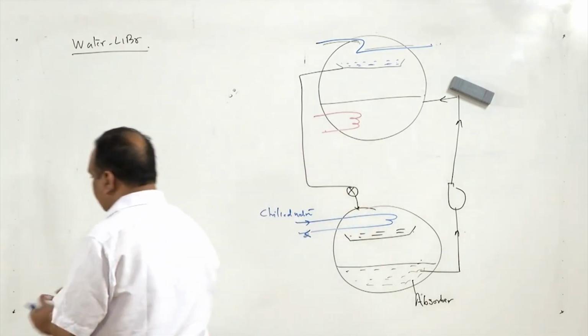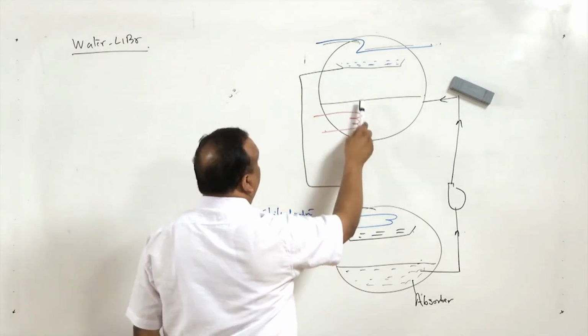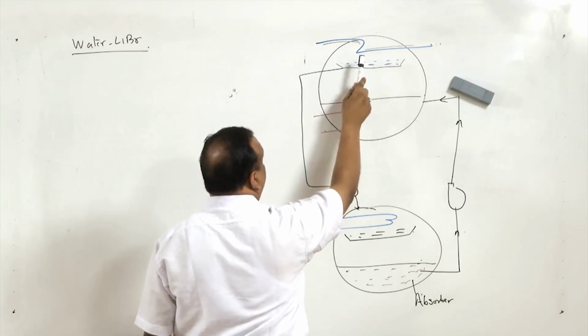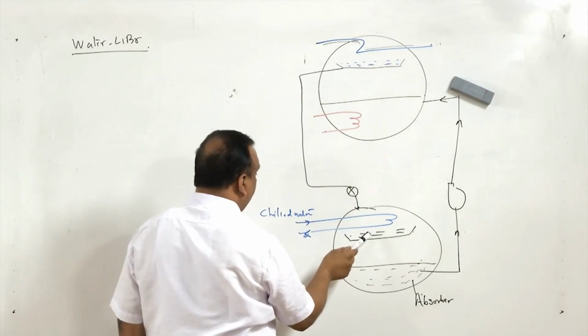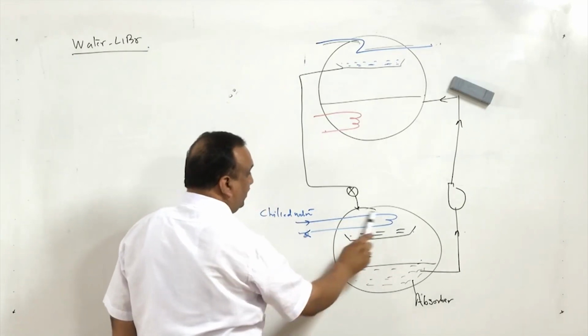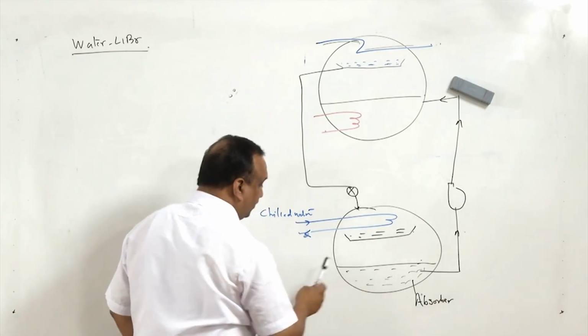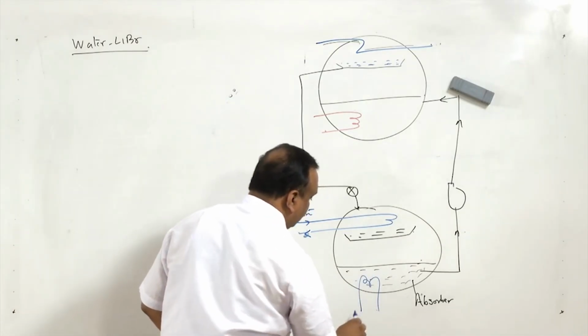and after heating the water vapor is generated, and this vapor gets condensed here in the condenser, and this condensed vapor is expanded through a valve. It goes to the evaporator where chilling of water takes place. The remaining water is absorbed in the absorber. So, in the absorber also we have to provide some cooling water.